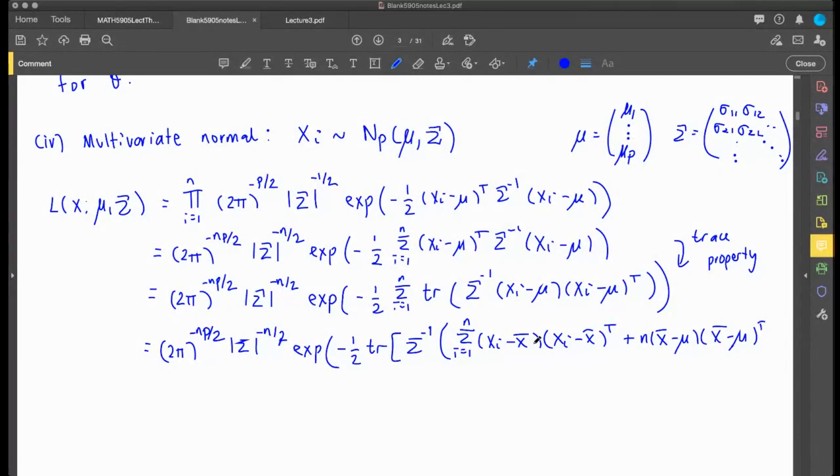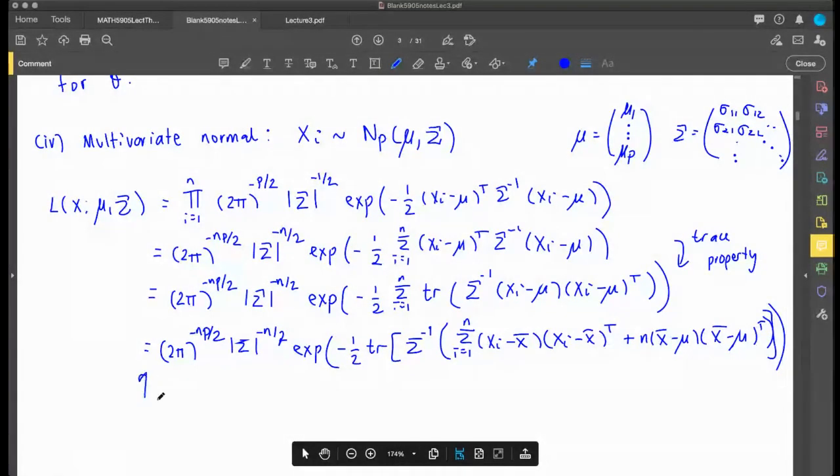Now let me get my brackets right. So that goes with that one. Then we have a square, and then finally close off the exponential. Okay. So I'll make a note here that the trace and the summation are linear operators and can be interchanged, and their order can be reversed, I guess.